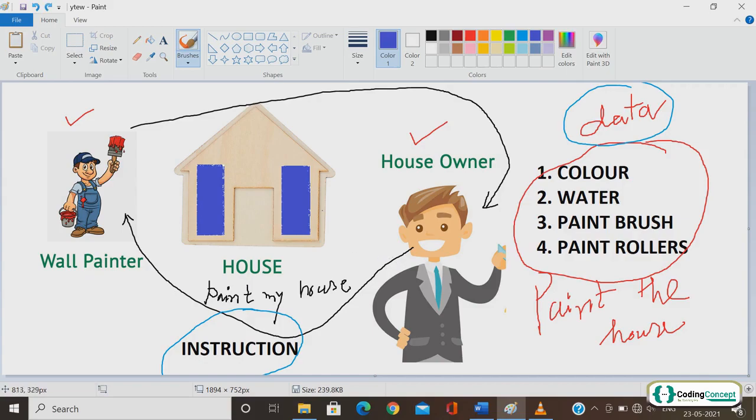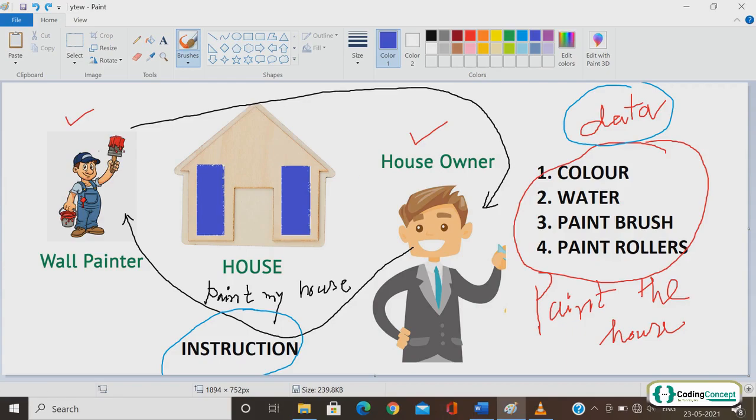Now suppose the house owner is speaking in English, and the wall painter doesn't know the English language. Will the wall painter be able to understand the instructions given by the house owner? Obviously not.